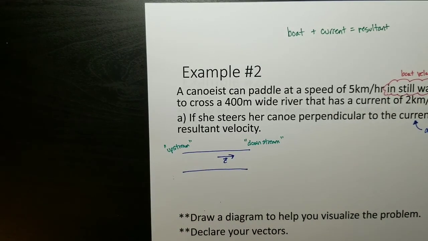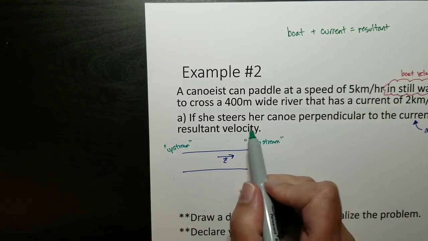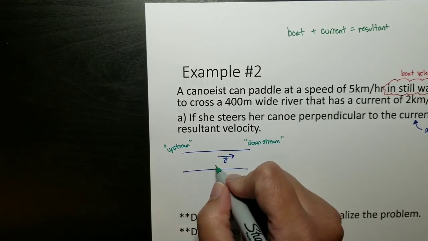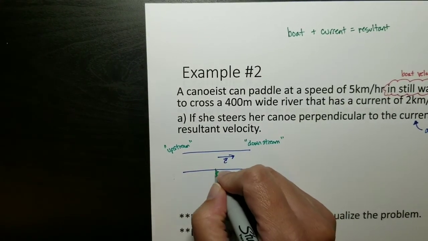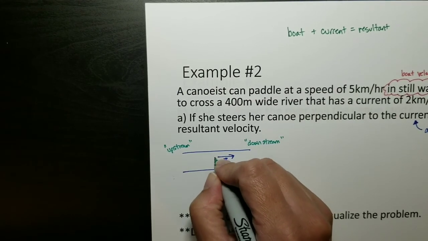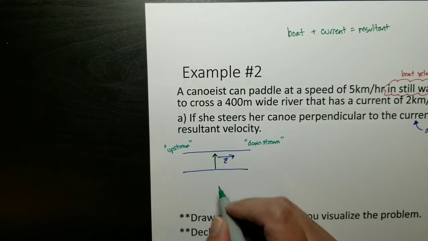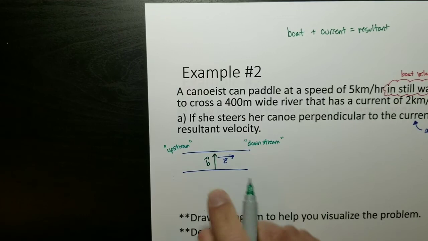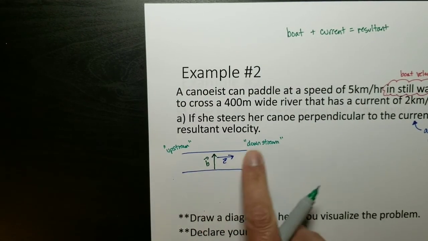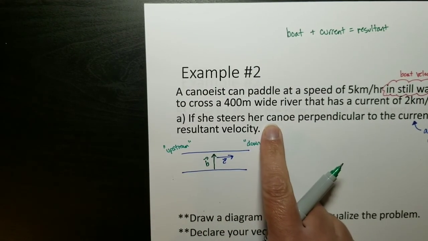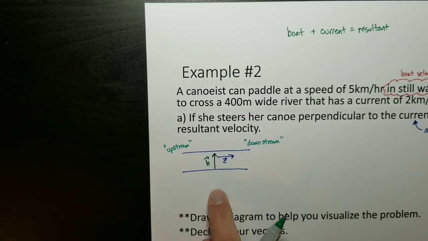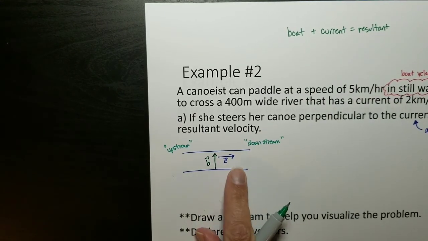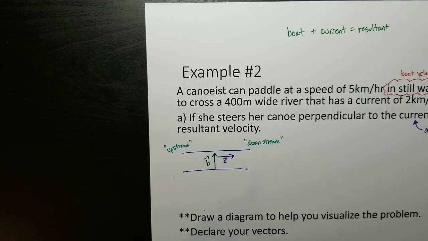This one says that she's going to steer her canoe perpendicular to the current. So she's just pointing right at the opposite bank and going that direction. And I always use B for boat, even if it's a canoe, because then I don't get mixed up with a C for canoe and C for current. So I'm going boat and current, and then we're going to figure out what our resultant is.